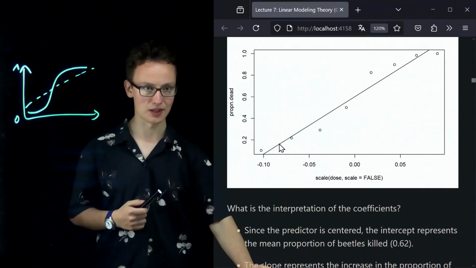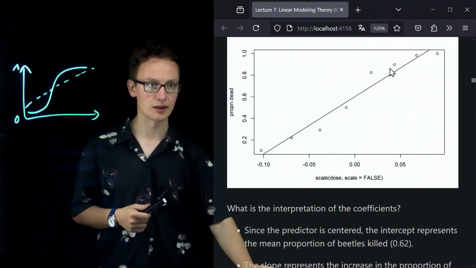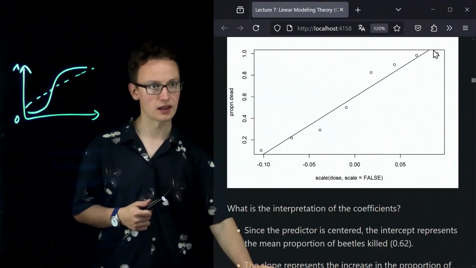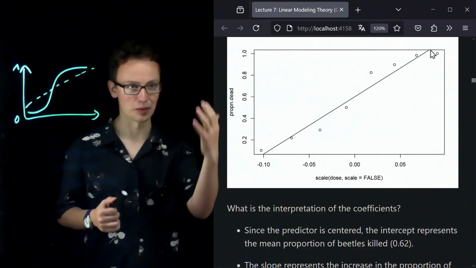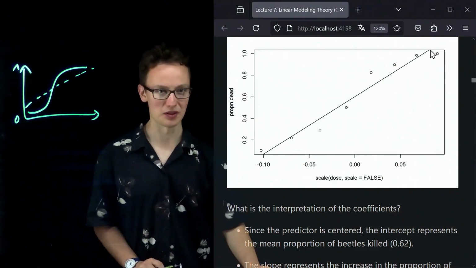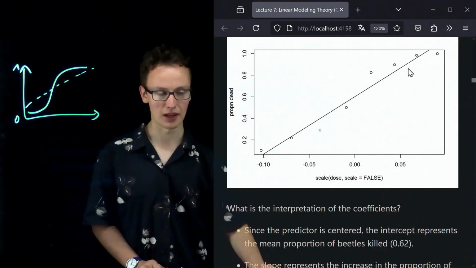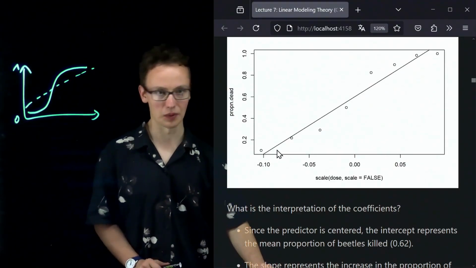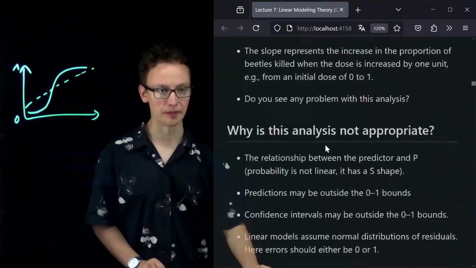So you might see, for example, here that the predictions go beyond the 1, even though the 1 is really the maximum possible value for that y-axis, for proportions of deaths, okay? And likewise, they can go beyond the 0, which is also not conceptually sensible.